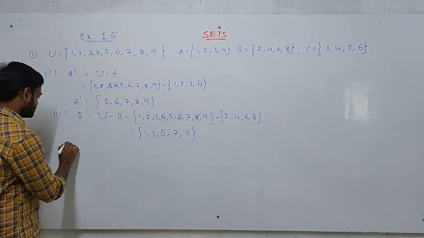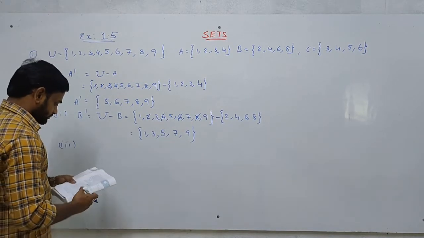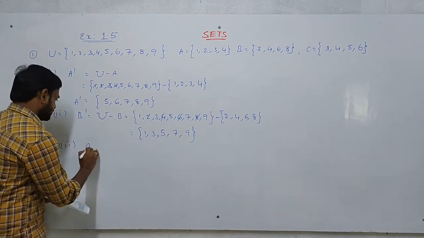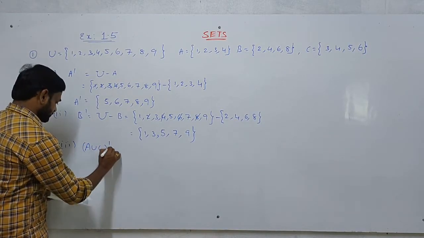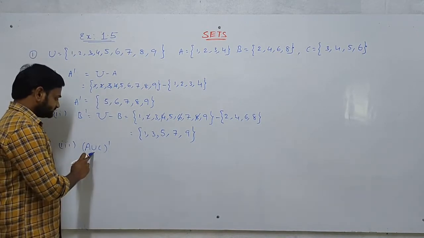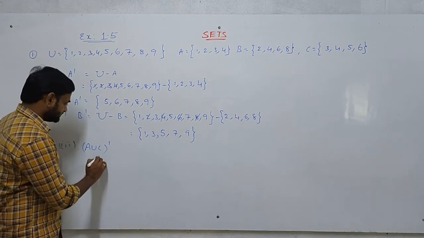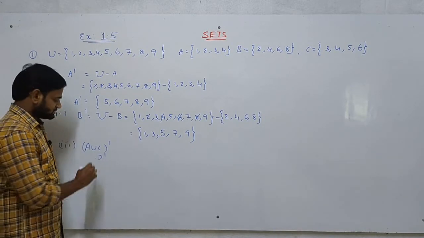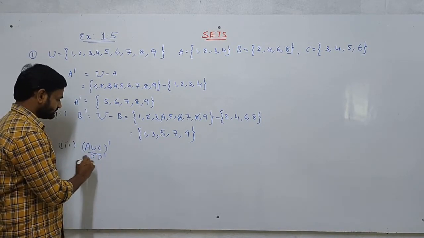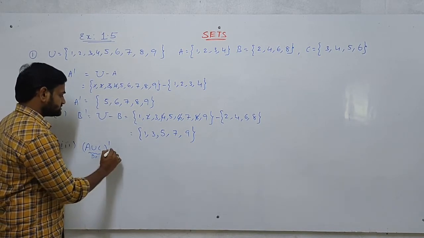Next, the third one is A union C whole dash. Now first see here. Just imagine the whole thing is D, so we need D dash.